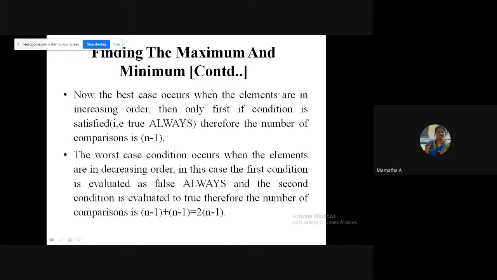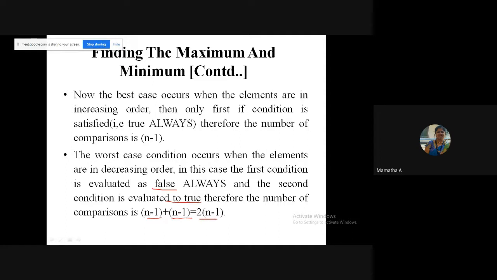But when you go for the worst case, you can observe that since the array is in the decreasing order, that is in the descending order, the first condition is always evaluated as false and the second is evaluated to true. Therefore, I need how many comparisons? N minus 1, N minus 1.